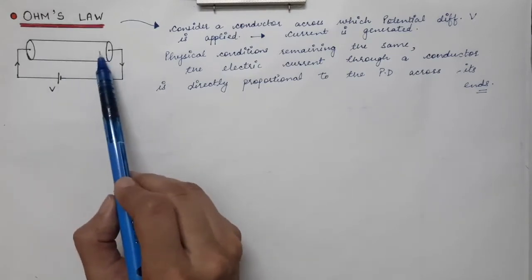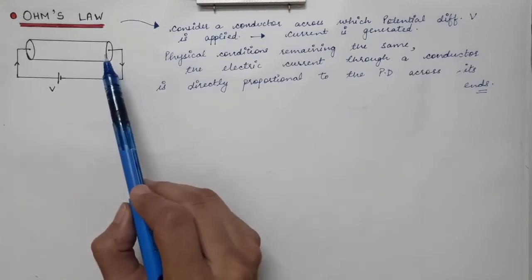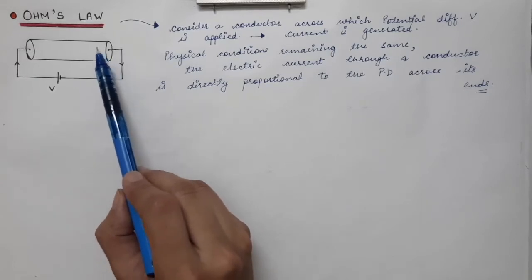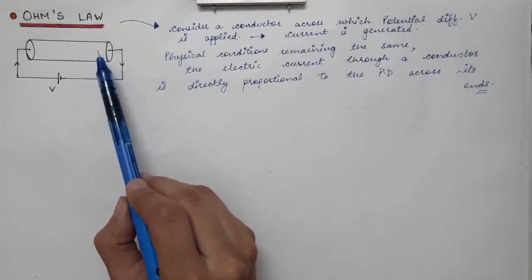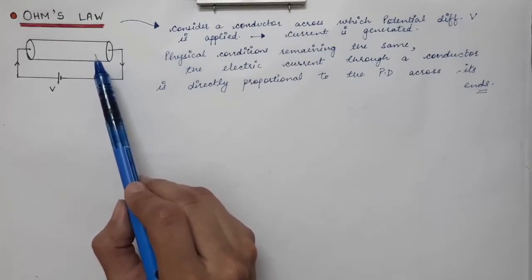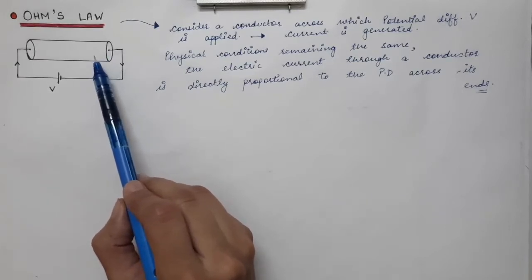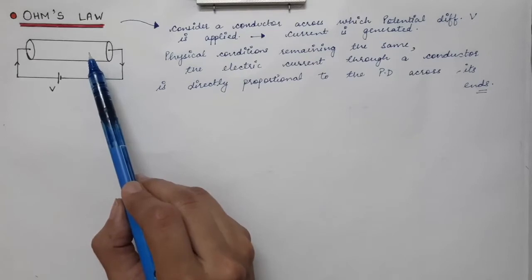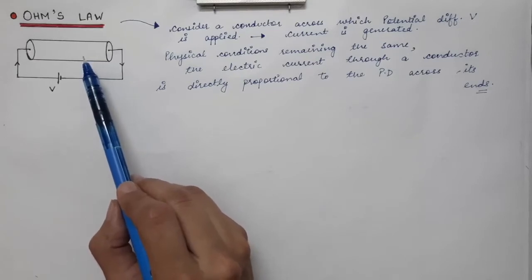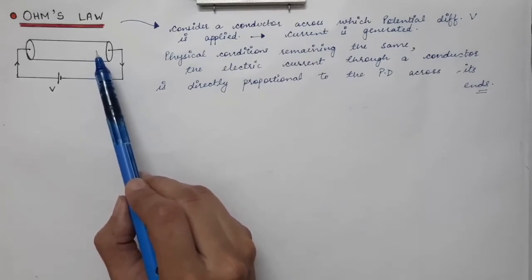When the electrons are moving, as we have already said in the previous lectures, they will be encountering the positive ions, which, because they are very heavy comparatively, will be almost stationary. So the electrons will be colliding with these positive ions, due to which they will be facing an obstruction.